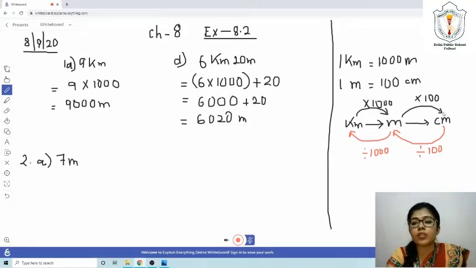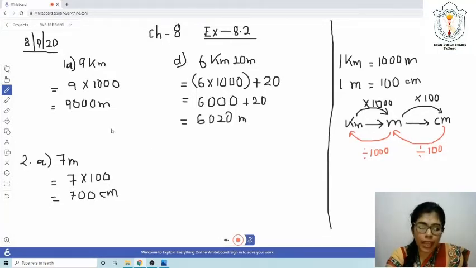From meter to centimeter, when you convert, you multiply it by 100. So simply bringing 7 down and multiplying it by 100. So what do we get? 7 into 100 is 700 centimeter. Important thing to write.